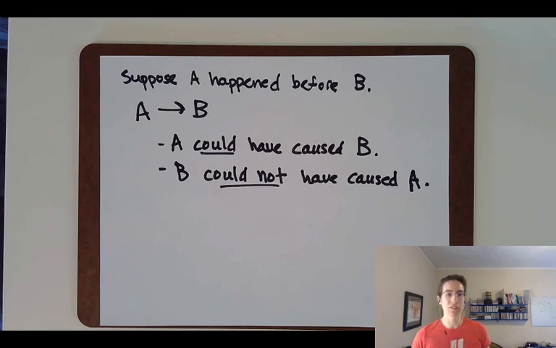Could what I'm doing now influence something that he does in the future? Potentially, yes. So this notion of causality or potential causality, in this case, that A could have caused B and B could not have caused A, is very important in distributed systems.